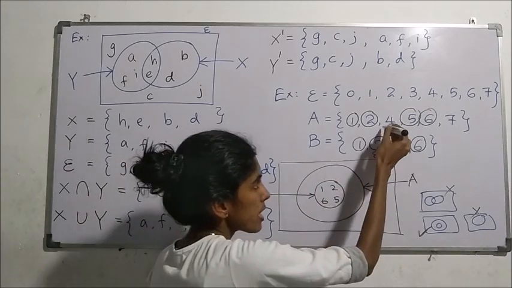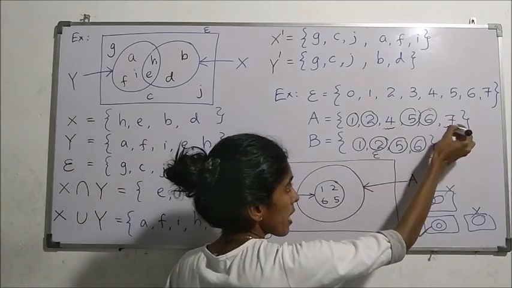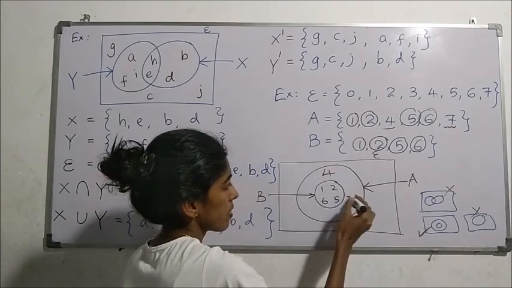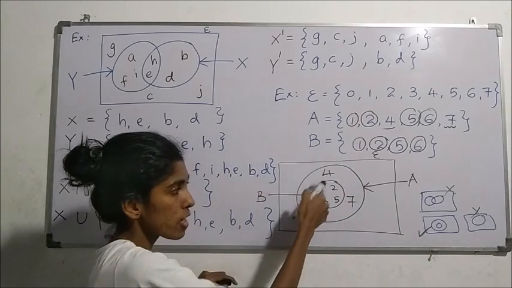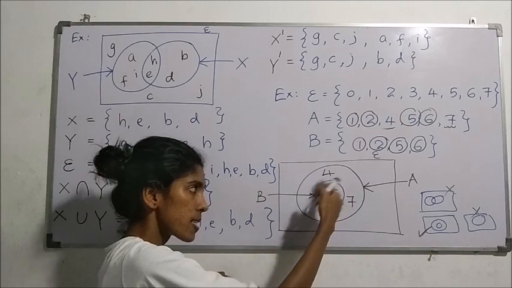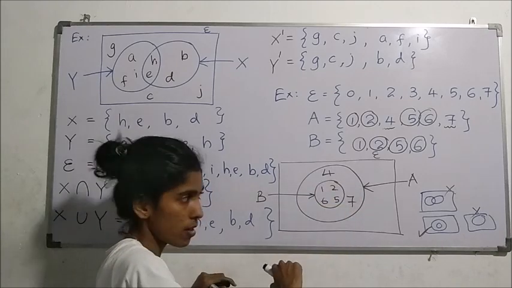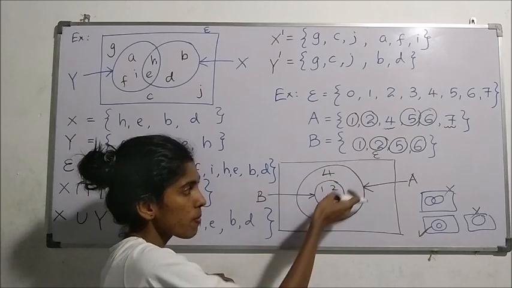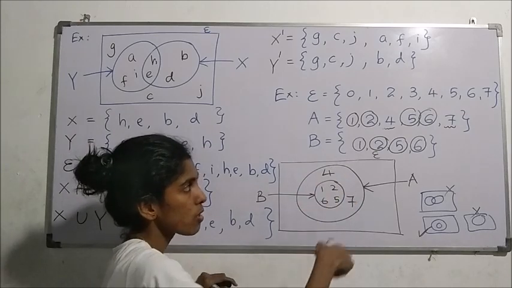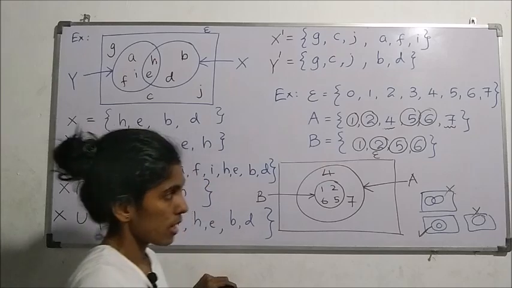Now what are the other elements that we need to include in set A? 4 and 7. They do not belong to set B, that's why outside circle B, but inside circle A we included 4 and 7. Understood? Outside set B, but inside set A we need to include the rest of the elements.